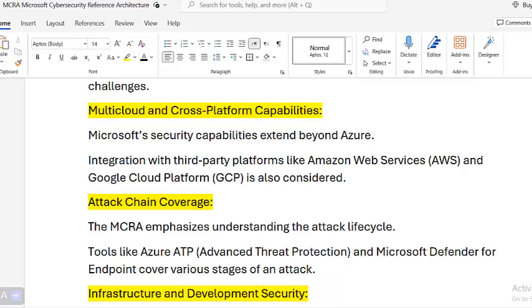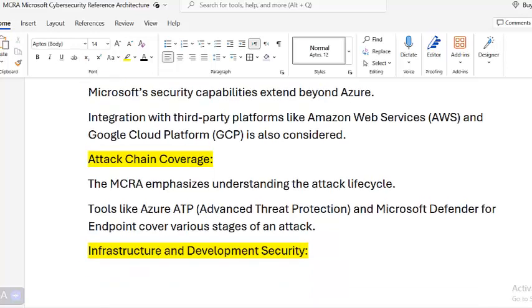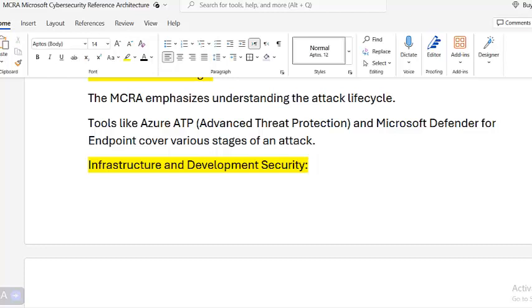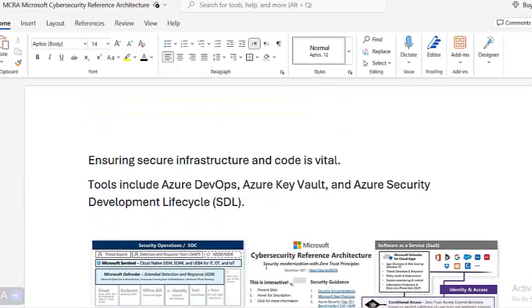Tools like Azure ATP, Advanced Threat Protection, and Microsoft Defender for Endpoint cover various stages of an attack. Infrastructure and development security. Ensuring security of infrastructure and code is vital. Tools include Azure DevOps, Azure Key Vault, and Azure Security Development Lifecycle.